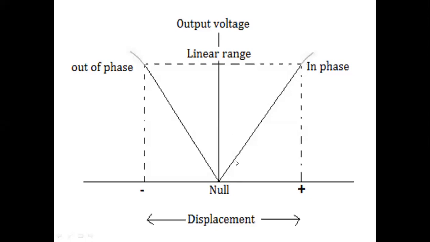So actually this direction is reversed: if shifted to this side, the answer will be negative, and if shifted to this side, it will be positive. So the displacement is considered in the opposite direction here. For case 1, which is the null position, there is no movement at all, so the answer is 0.